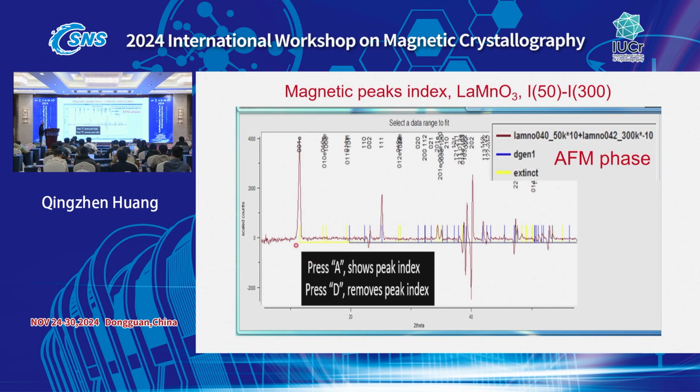So you can see that these extinction reflections are indexed by the nuclear unit cell. This is the AFM phase.